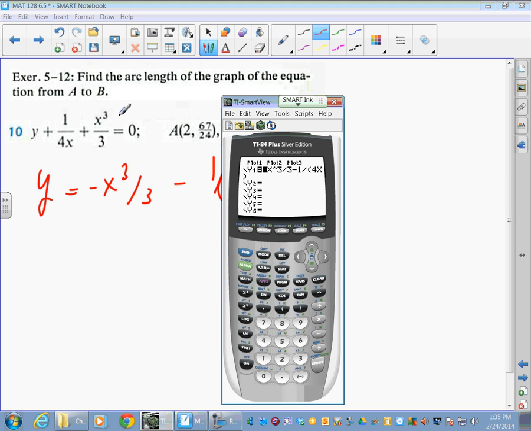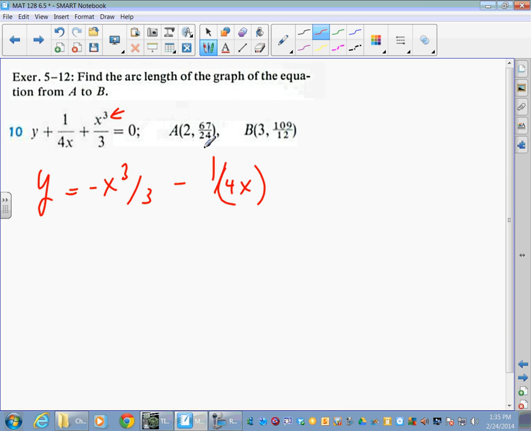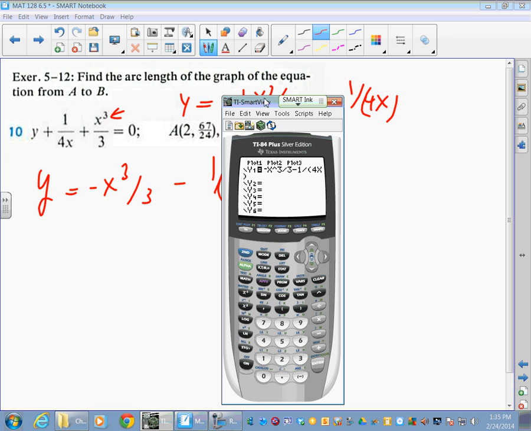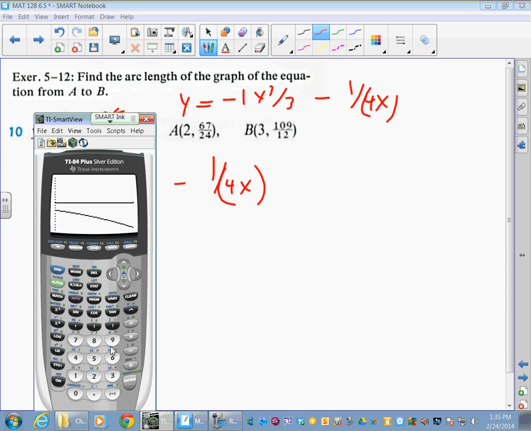It says cubed, doesn't it? y equals negative 1x cubed divided by 3 minus 1 over 4x. Right? Second, calculate the value. Next to 2, that's a negative number.